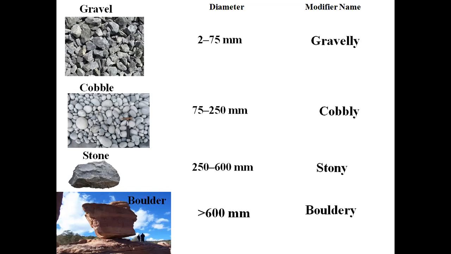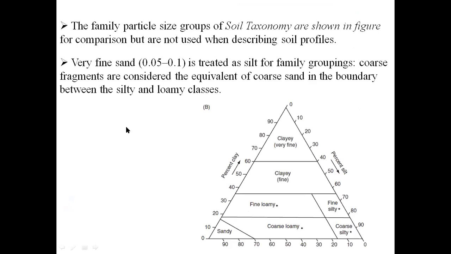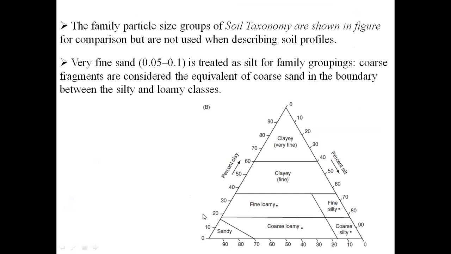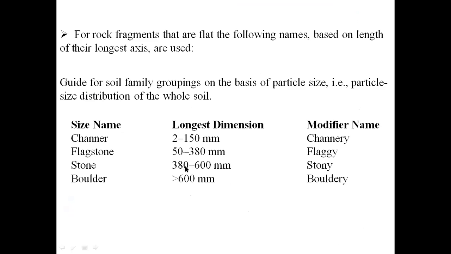Here, based on the longest axis length, we have this classification: channers, flagstones, stones, boulders. More than 600 is boulders, which are very common, and here also they are the same. Stones were somewhat different, 380 to 600 diameters. But flagstones are 50 to 380, and channers are 2 to 150 millimeters. So these are modifier names, which we use while giving names for a particular soil.